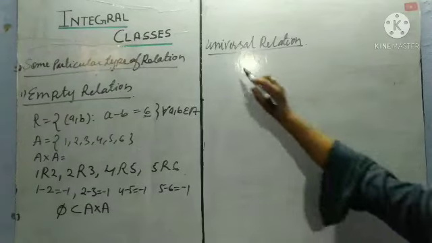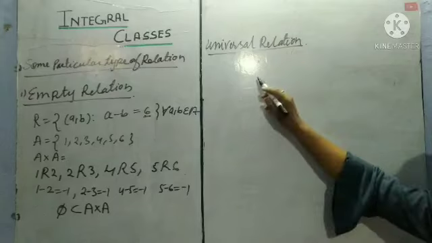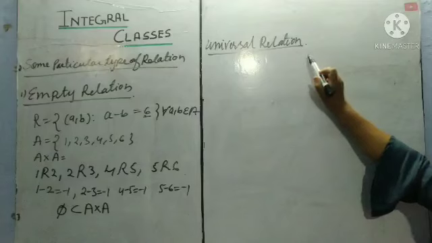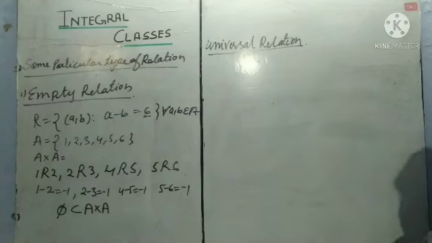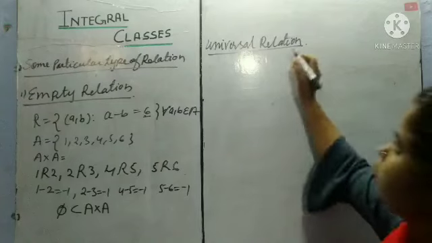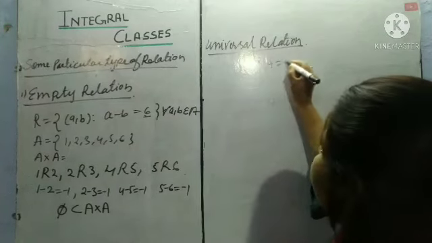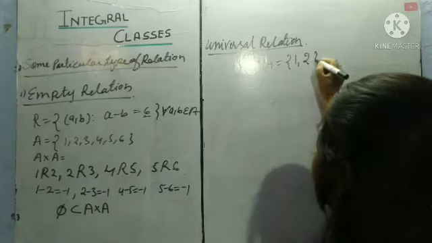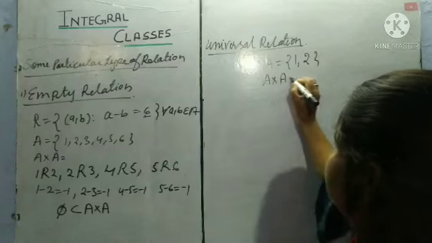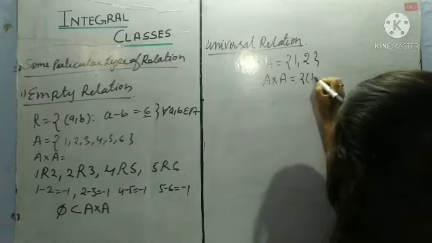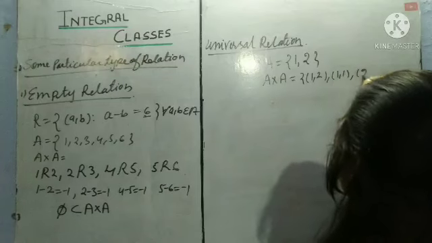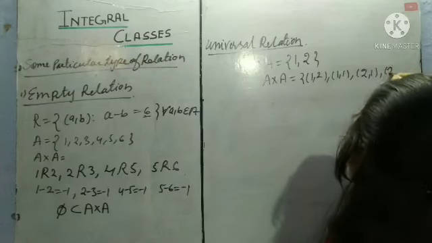Now the next topic is universal relation. A relation R in a set A is called a universal relation if each element of A is related to every element of A. To explain, I will take an example. Suppose A equals 1, 2. First we find the Cartesian product A into A: (1, 1), (1, 2), (2, 1) and (2, 2).